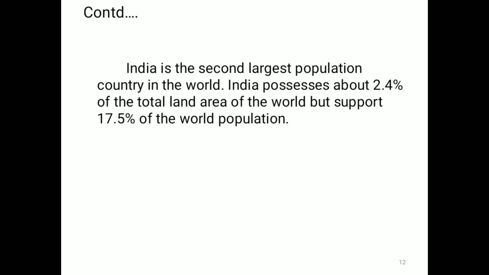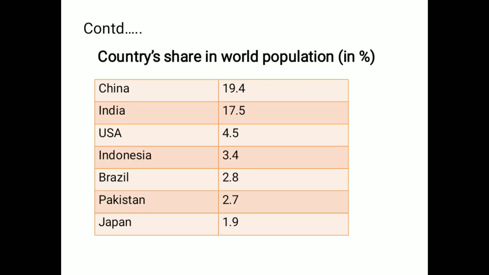India is the second largest population country in the world. India possesses about 2.4% of the total land area of the world but supports 17.5% of the world population. Another chart shows the countries' share in world population in percentage.